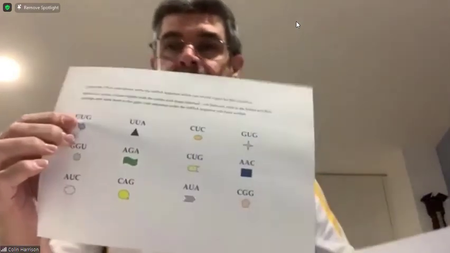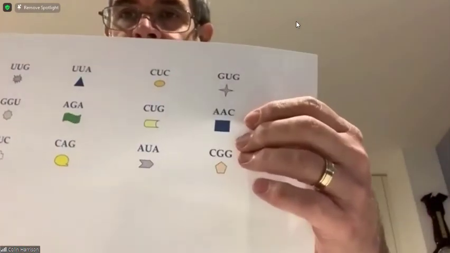Now, I've given you sheets which have these on them. So we have to work out what's going to go with each of these. Now, here's the problem. From our messenger RNA, we have to link a transfer RNA, which has an amino acid.